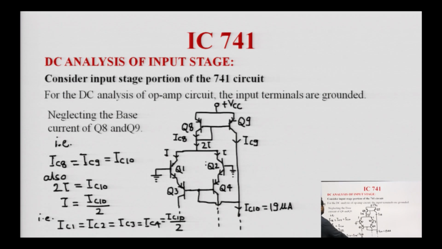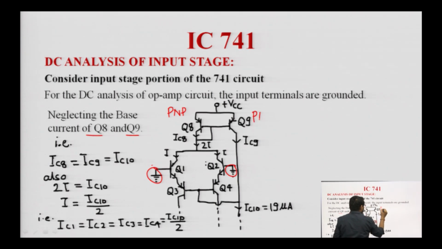Now, next consider the input stage of the IC741, and for the DC analysis we put the input terminals to ground. So, we get V1 and V2 connected to ground. Okay. Neglecting the base current of Q8 and Q9, we consider a high value of beta, and both are PNP transistors.